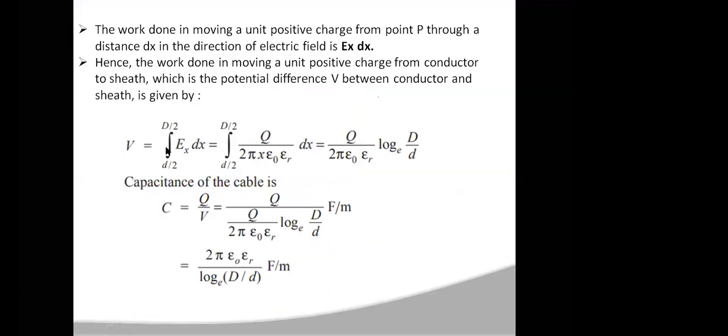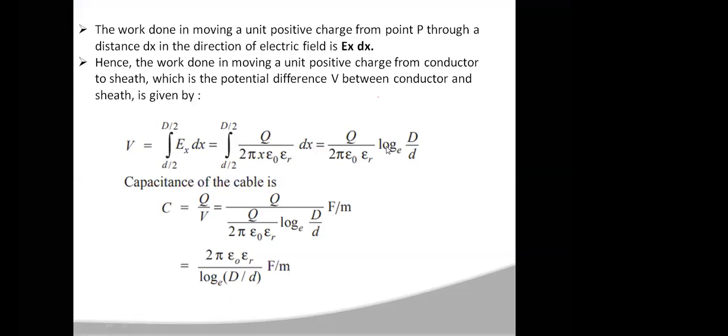So V is equal to the integral from small d by 2 to capital D by 2 of Ex into dx. Here Ex is q by 2 pi x epsilon naught. Here q is the charge per unit length, which is constant, so q by 2 pi epsilon naught you take outside.